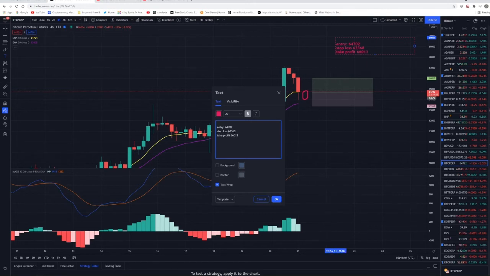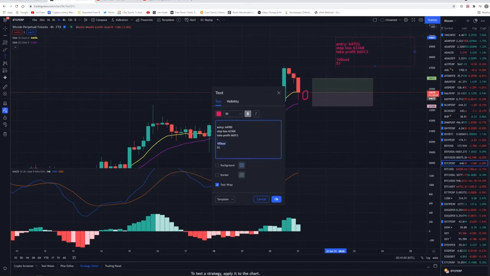Okay, so what you want to do for your take profit, you want to sell 50% of your position. So let's say we have a 100 USD trade. That means that when it reaches our target, we'd sell half of our position. It'd be a little bit over 50. Let's say it's 51.